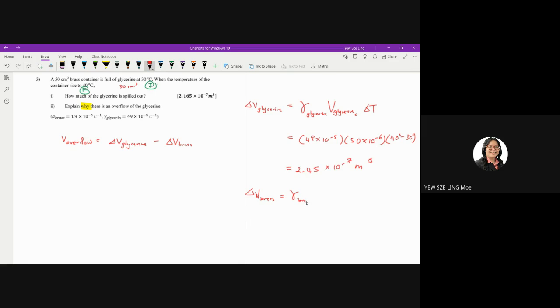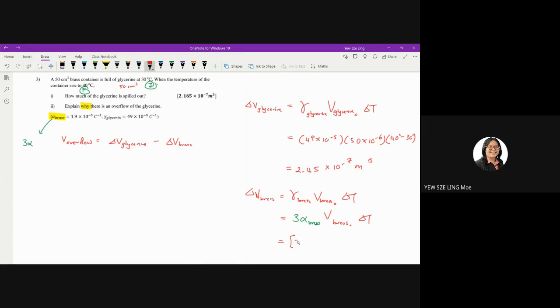Gamma brass, V brass initial, delta T. Now you cannot use 1.9. Why? Because if you look at the question, it gives you alpha, and now you're looking at volume expansion. So therefore, you need to change it into 3 alpha. So here it will become 3 alpha for brass times V brass initial times delta T.